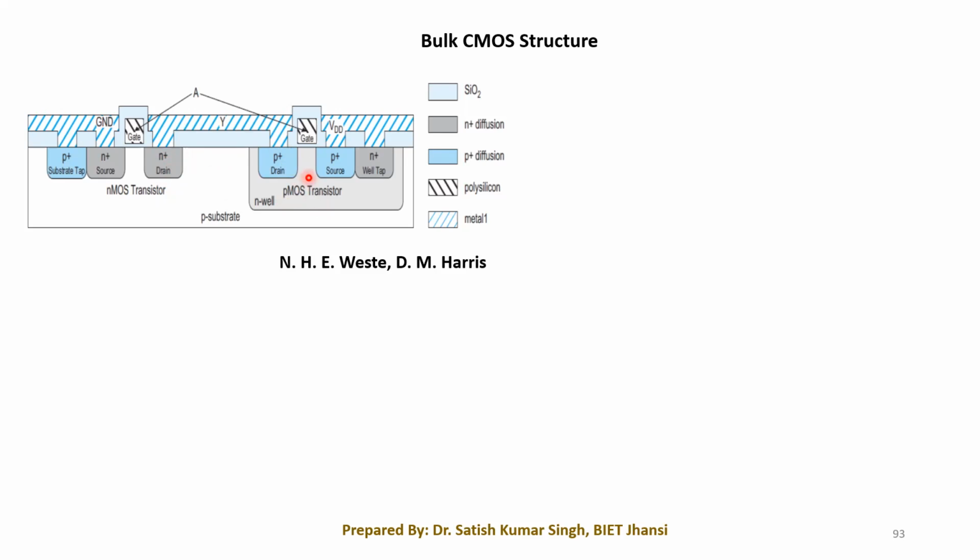Why? Because these two transistors are not isolated perfectly, not electrically isolated. So because of that there may be a certain parasitic component. You can see that here it is an n plus and p junction, and another p and n junction could be formed at this point.